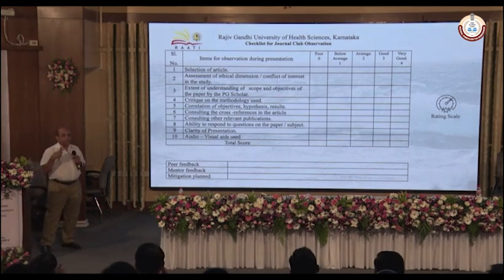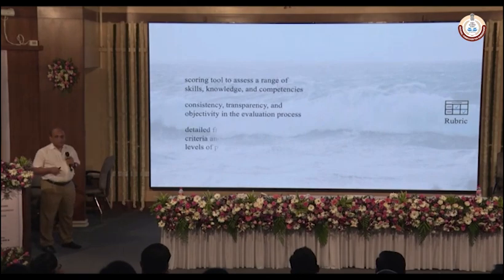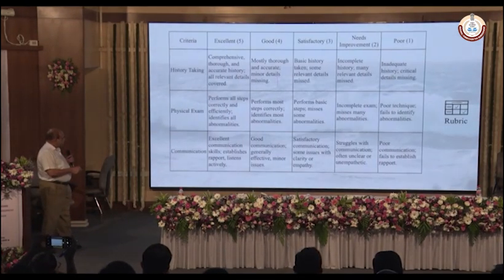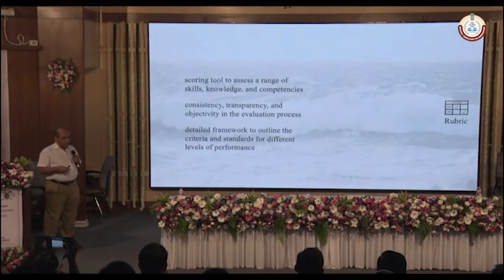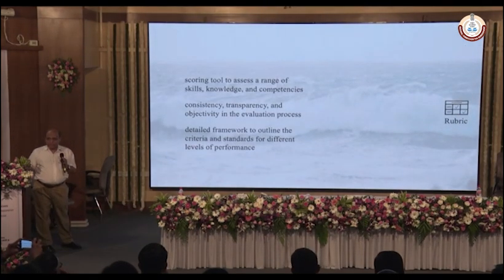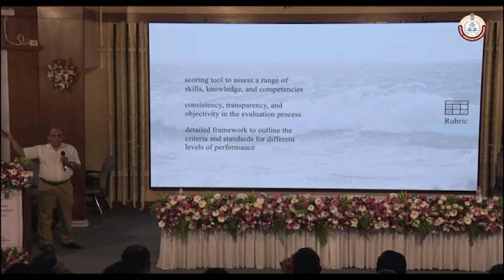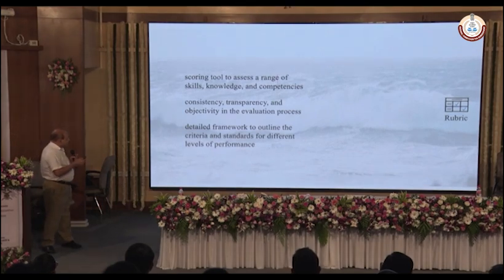So to improve on that, the next level is called a rubric. Rubric is a range of activities, a range of competencies which are checked, on a scale of performance. And it could look somewhat like this.